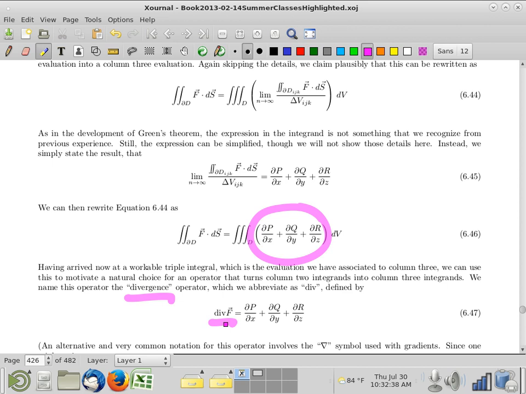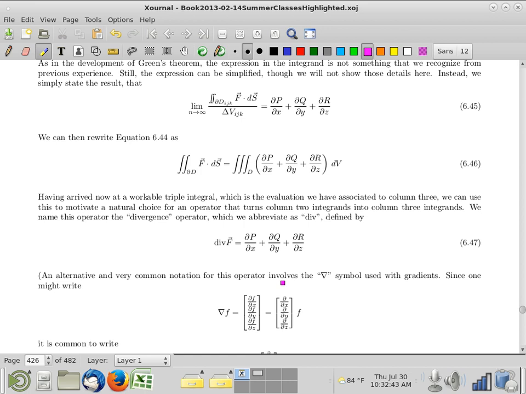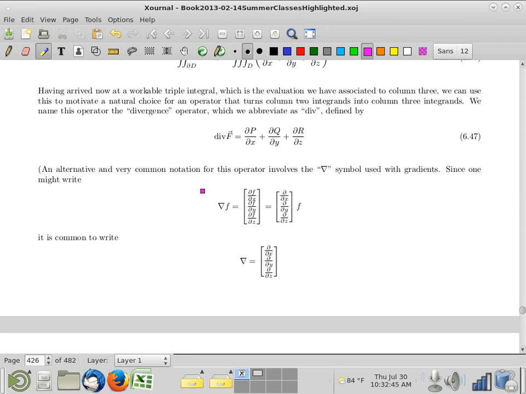So here it is. It's a bit of a weird notation, but think back to gradients. Sort of a weird thing to bring up at this time, but gradient is defined by that formula. And if you look at this expression, there's something happening, 3 different things in 3 different components, that are happening to the exact same function f.